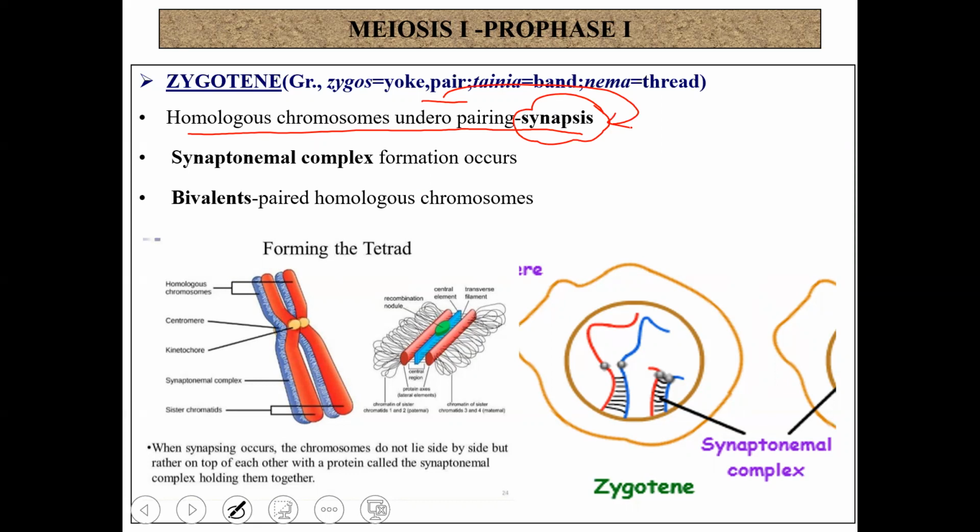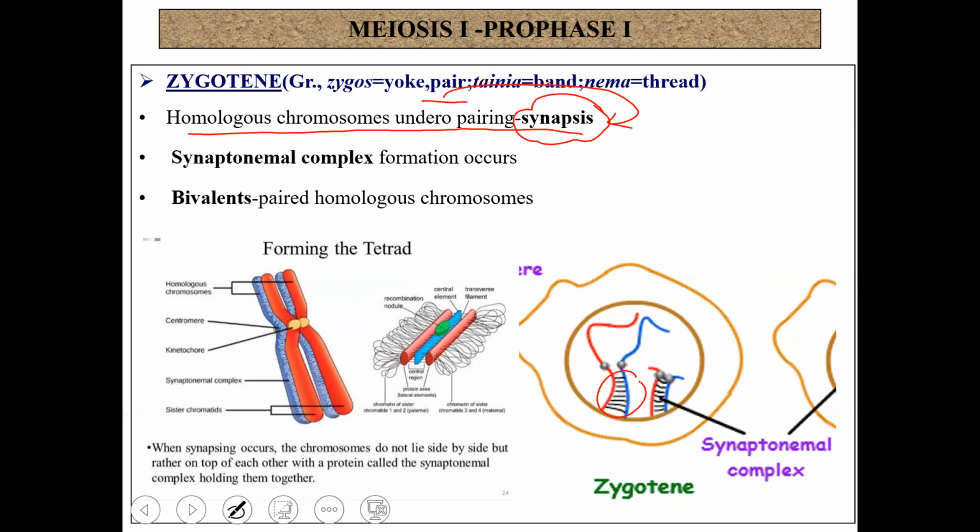During the synapsis formation, you can see here between the homologous chromosomes, which are depicted in two colors, blue and red, a complex is formed first, and this complex is called the synaptonemal complex. They come closer to each other, and then they pair themselves.